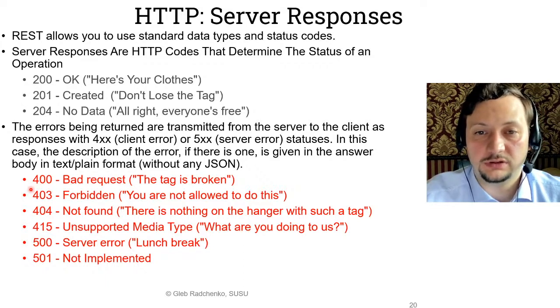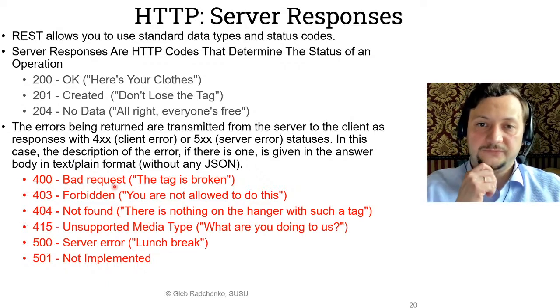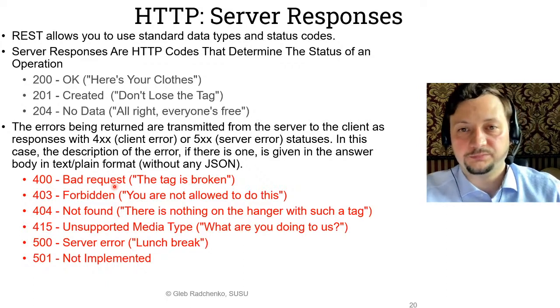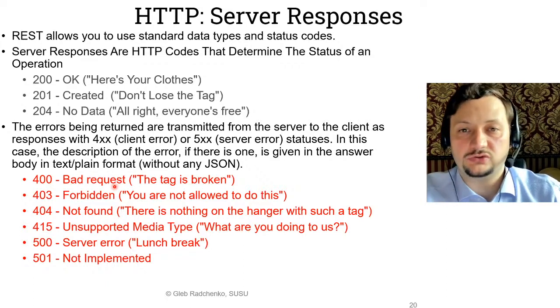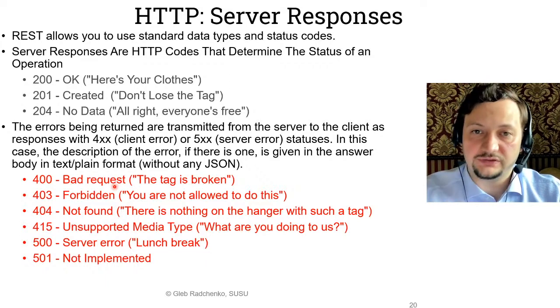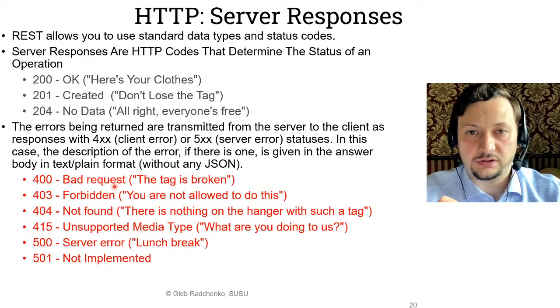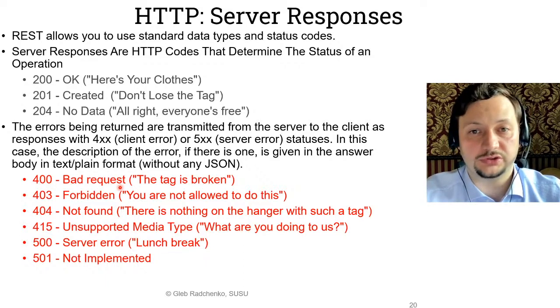For example, response 400 means bad request. If I would try to connect to the same server, but I would have some typo in the HTTP request, it would return me the answer 400 bad request. I don't understand what you are talking about.